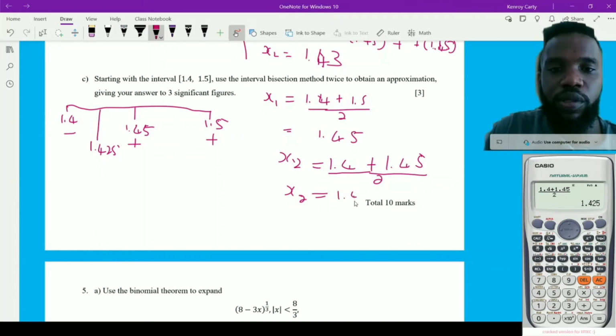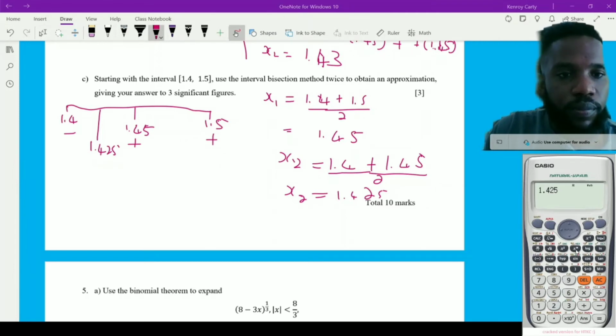So I'm going to have 1.425 cubed plus 7 over 1.425 plus 2. Oh, sorry, there should be minus.